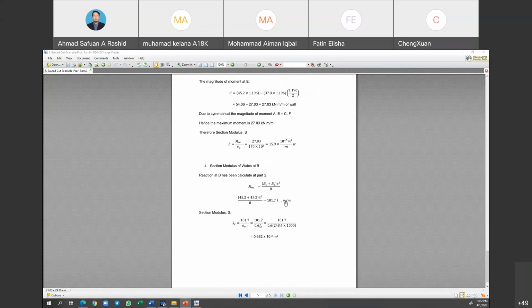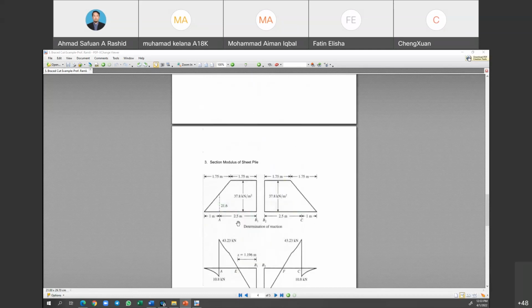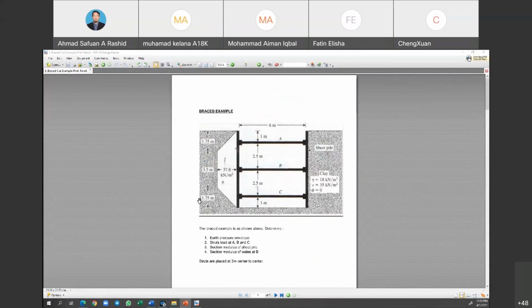By using this formula, we come up with the maximum shear and maximum moment of the wale for B. Then we calculate the section modulus of the wale. So that is for the clay material, for the firm clay problems.